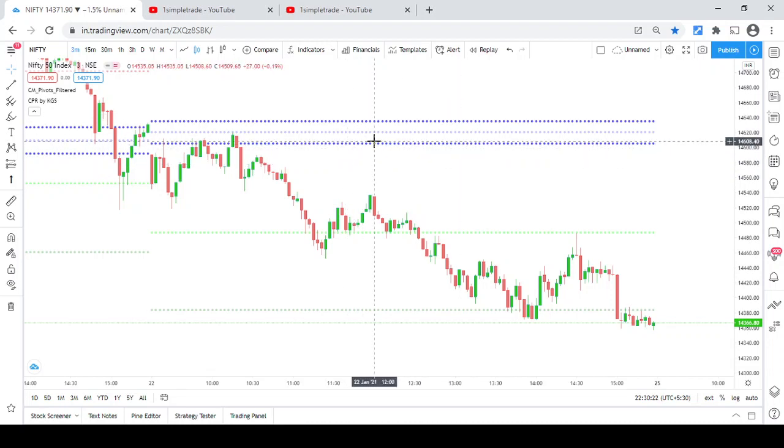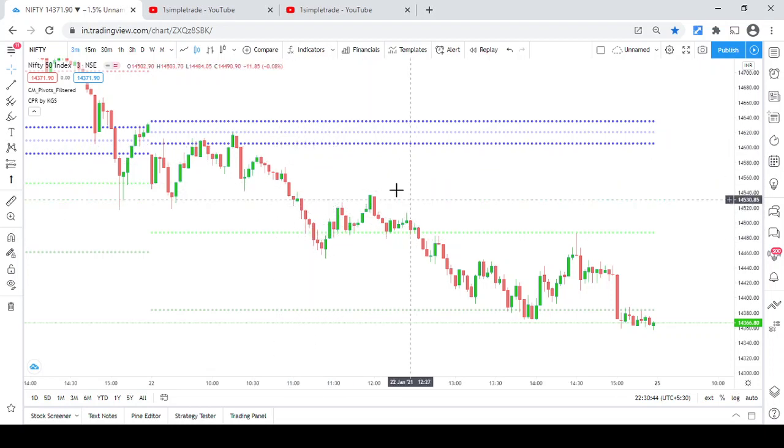So these lines should only be for reference purposes, to identify positions where you can search for a low risk trade. But you should not believe that this is never going to break.